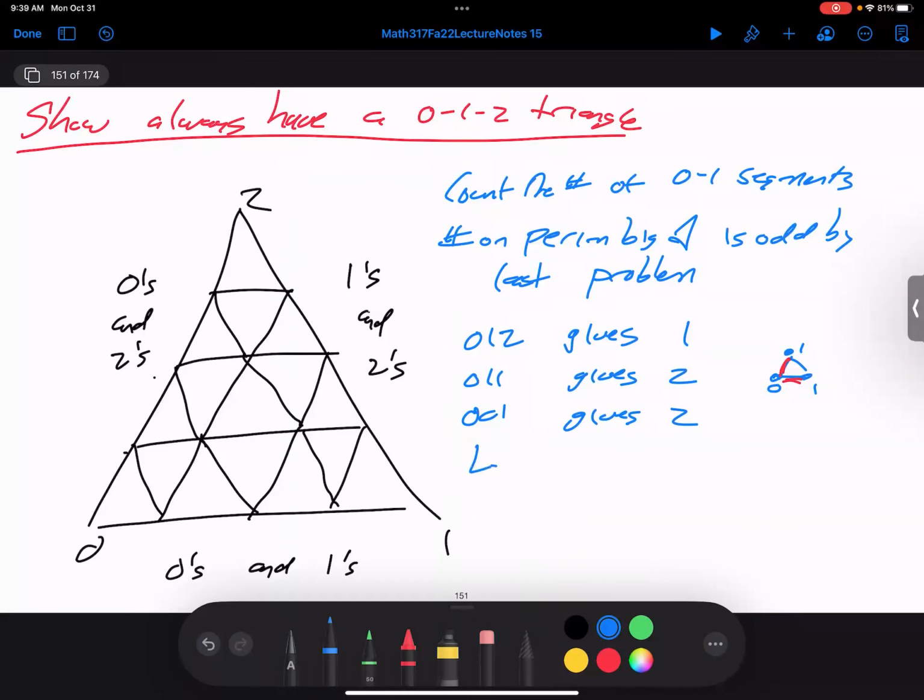So let Tijk be the number of triangles with labels I, J, K. How many 0, 1 segments do we have?